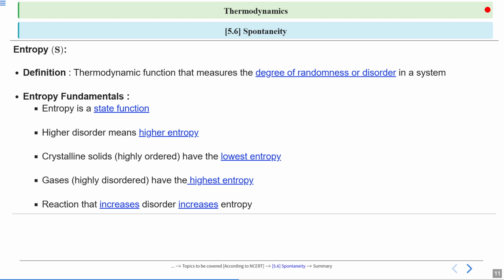Now, what we can conclude from our overall discussion is that if your reaction is resulting in an increase in disorderness, that means your entropy is increasing, right? Because entropy is nothing but your randomness. So if your system is moving to a more disordered situation, the entropy will increase. Got it?